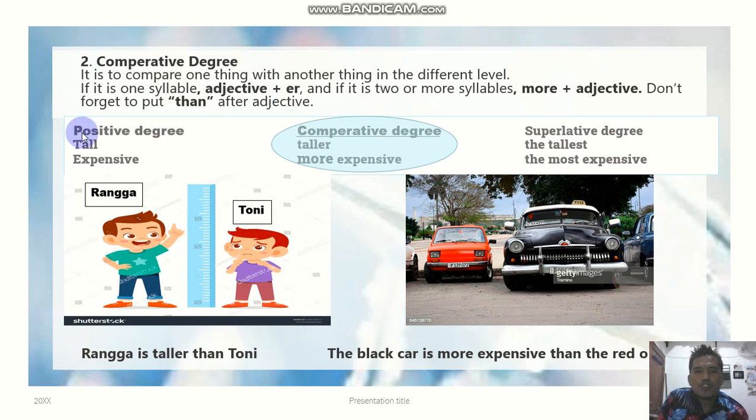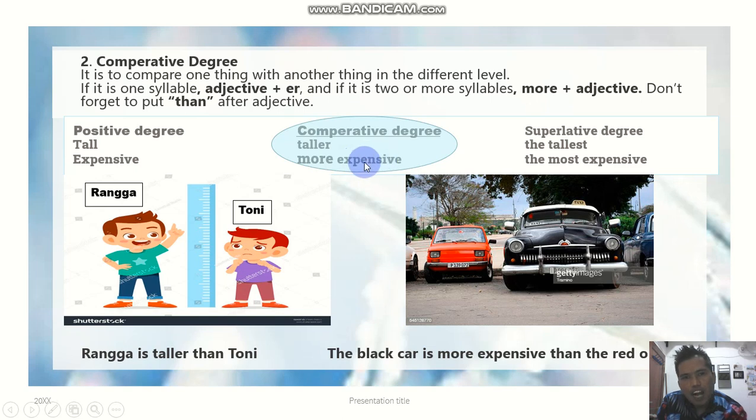Okay, let's focus on comparative degree here. So this is the adjective tall. Taller comes from tall. Since this is one syllable, we have to put er after the adjective. So it becomes taller. So what about the adjective over here?